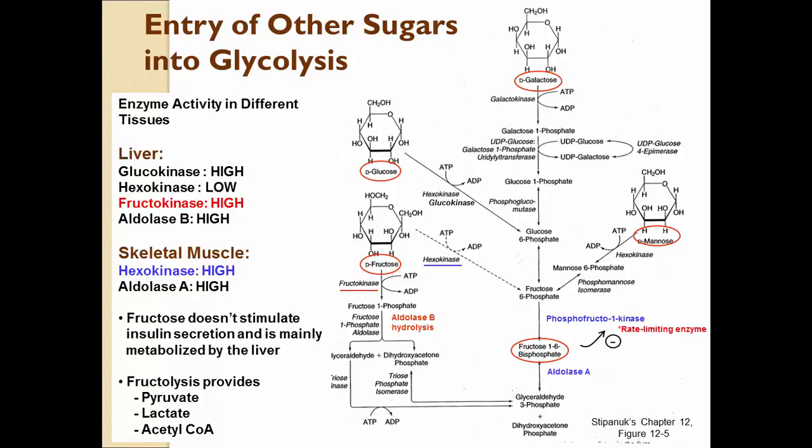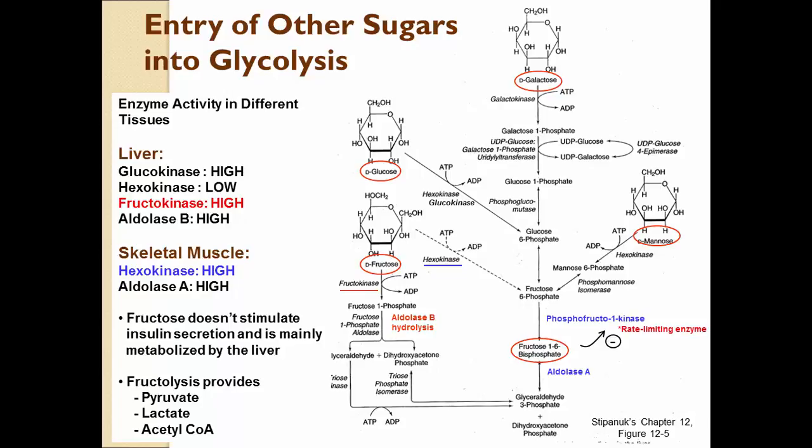Because, if you remember this reaction, the conversion of fructose 6-phosphate to fructose 1,6-bisphosphate by an enzyme called phosphofructokinase 1 is the rate-limiting reaction, right? Rate-limiting means that once a lot of glucose is metabolized and a lot of fructose 1,6-bisphosphate is generated, this product is a strong inhibitor of phosphofructokinase 1.